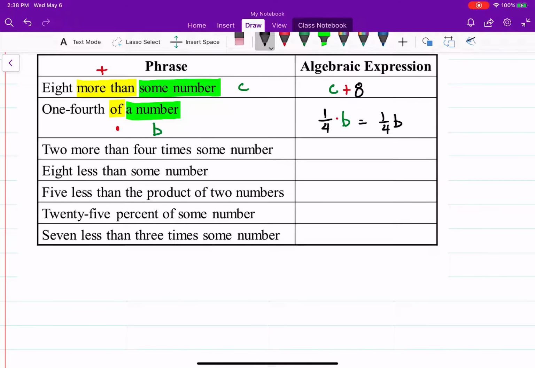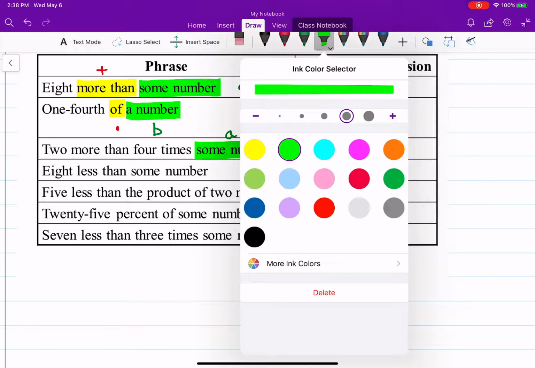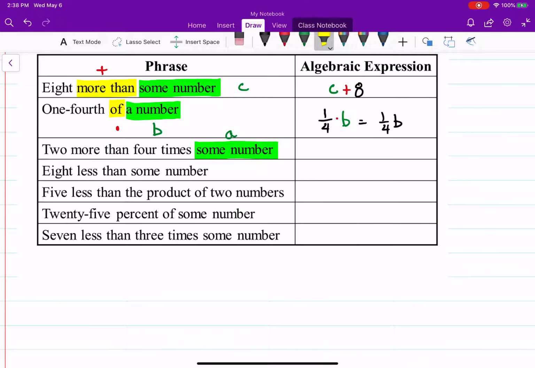All right, so same thing in the next one. We have 2 more than 4 times some number. So the some number is, let's call it, you want to call it A? So let's call it A times, we have 2 things here. We got times, which means to multiply. And we also have more than, which means to add.